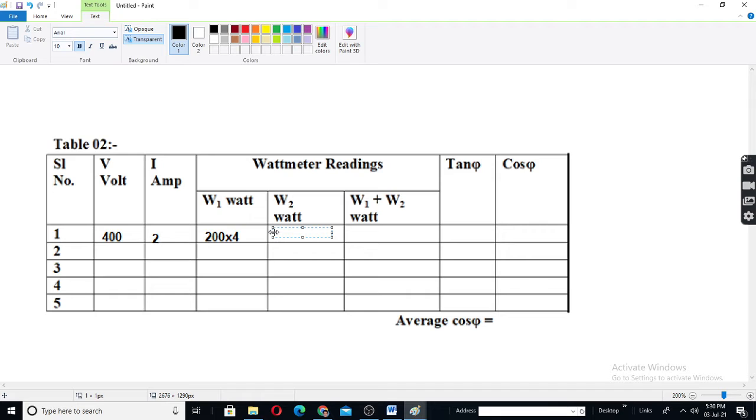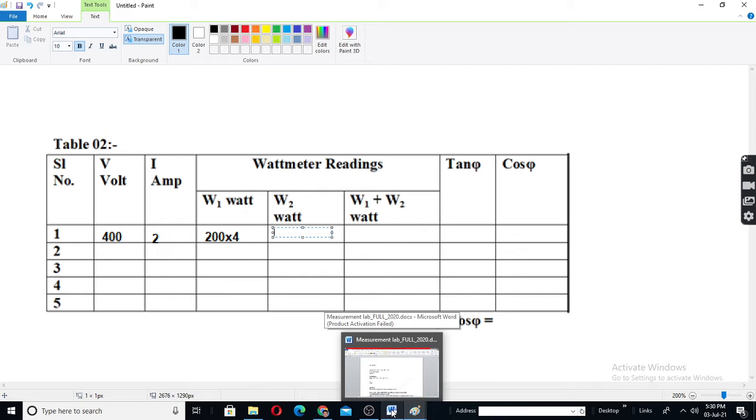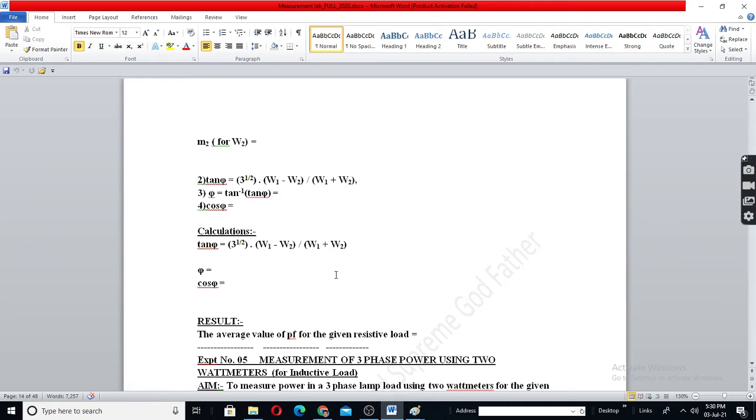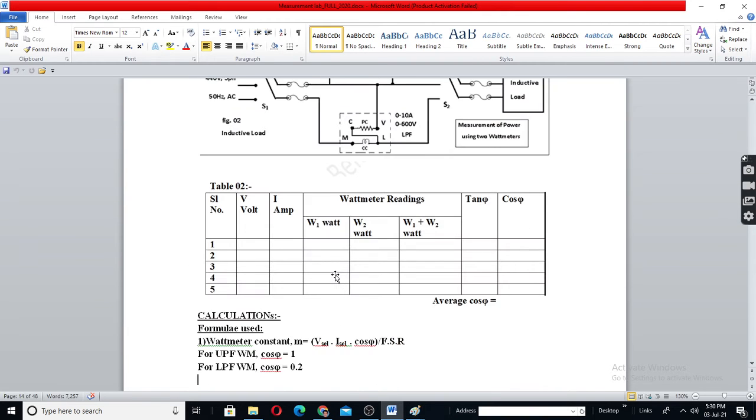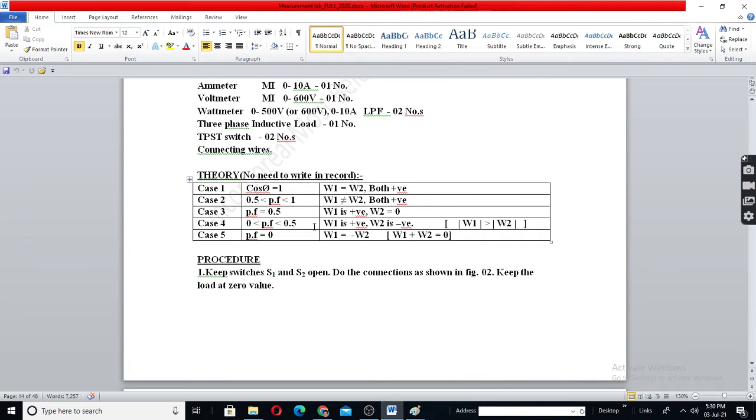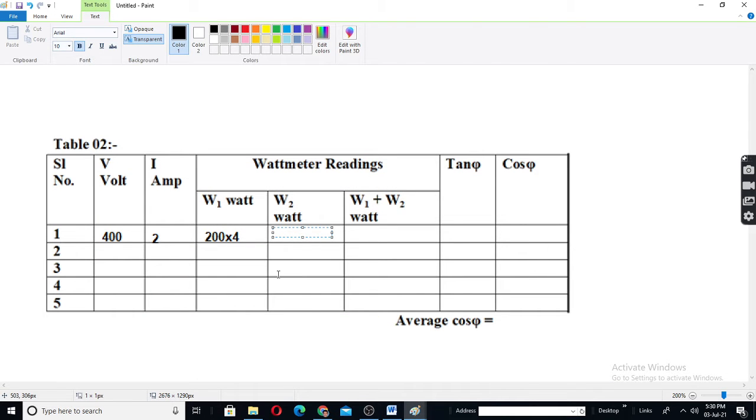W2 also you will get approximately the same, because for power factor equal to 1, W1 is equal to W2. That is given here. When power factor is 1, case 1, W1 will be equal to W2. So you will get almost the same.